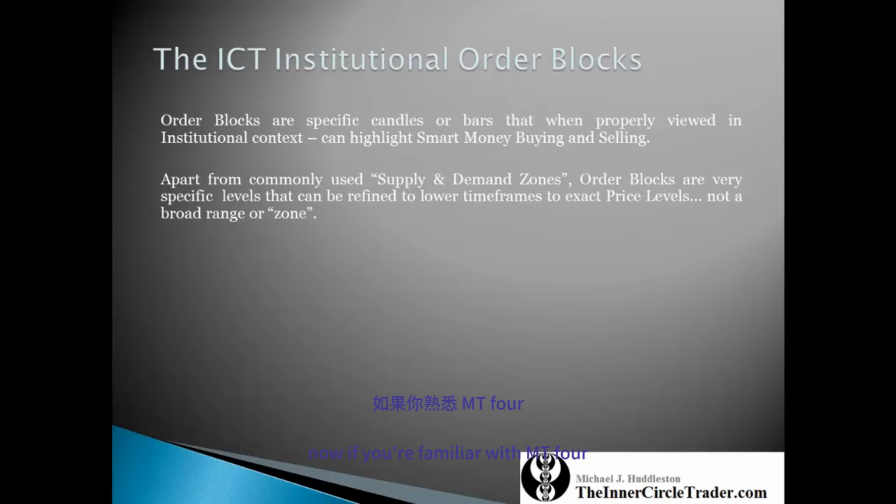If you're familiar with MT4, you'll know there's an indicator called a fractal. The fractal indicator, to me, is useless in terms of the short term, because it requires at least 5 candles to form before it identifies a fractal low or swing low, or a fractal high or swing high.